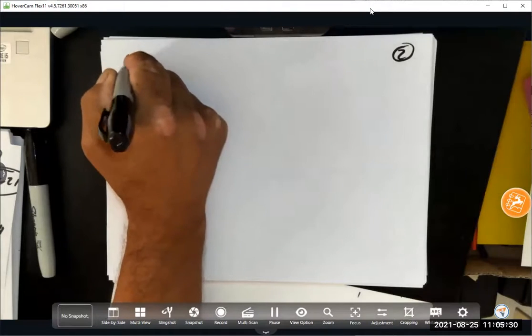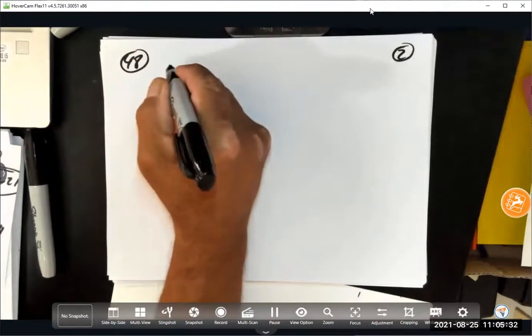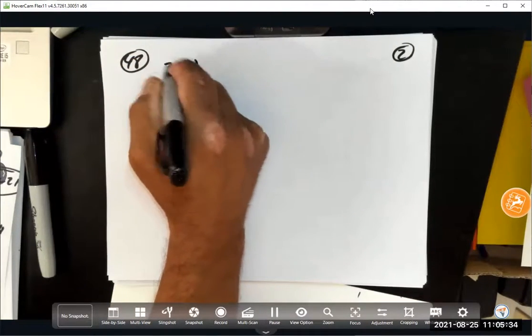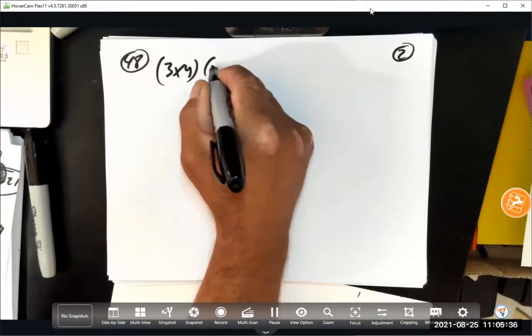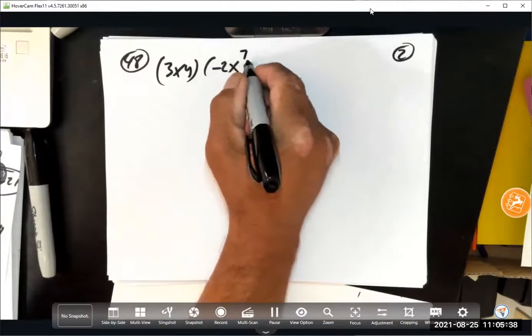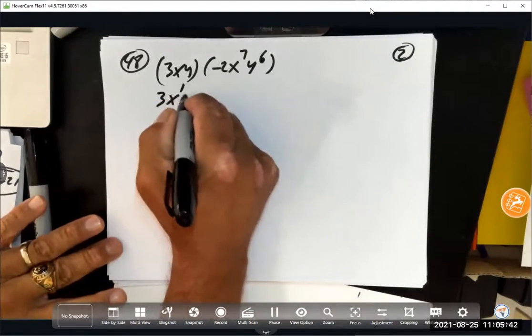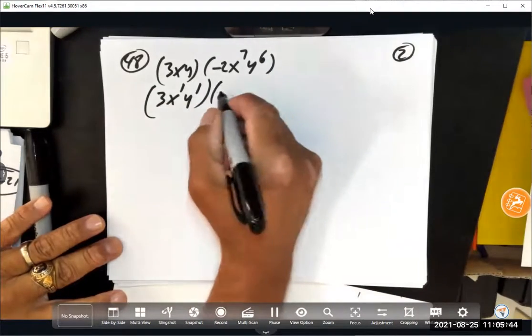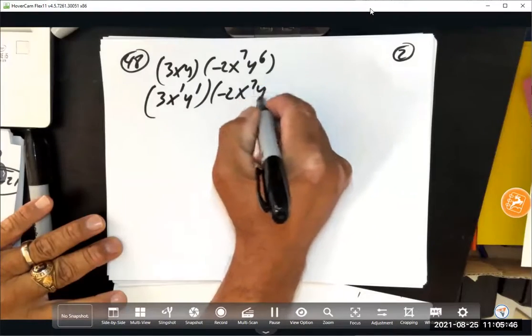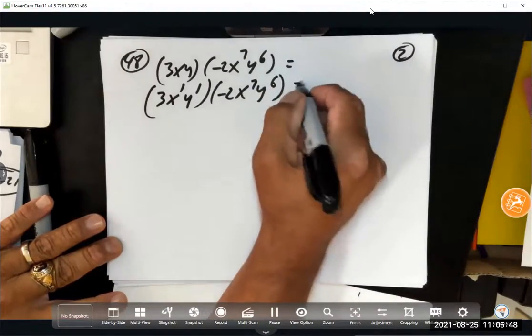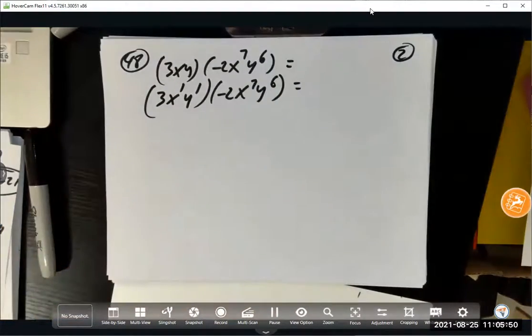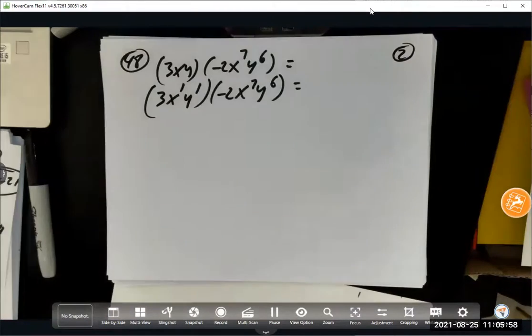Number 48 now. It says 3xy times negative 2x to the 7, y to the 6. So 3x^1 y^1, negative 2x^7 y^6. That's all with the 1 power things. Now you put this together. You add the powers.